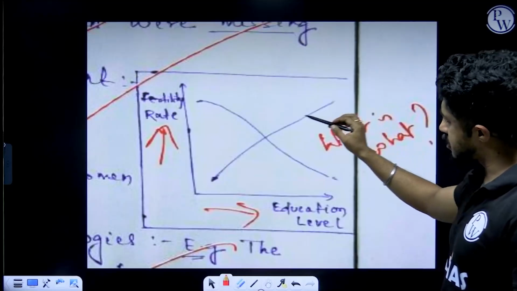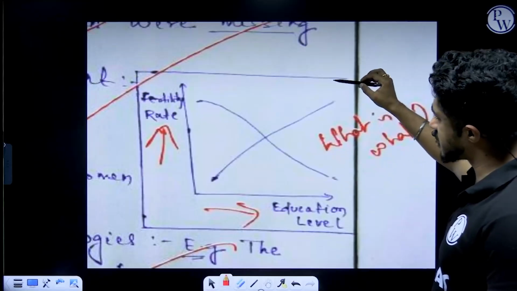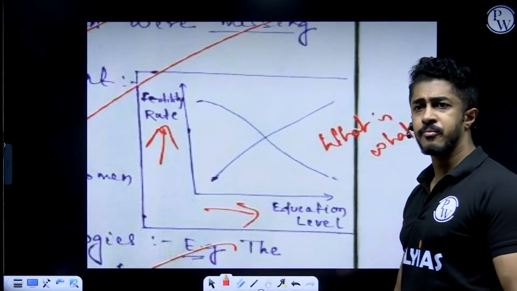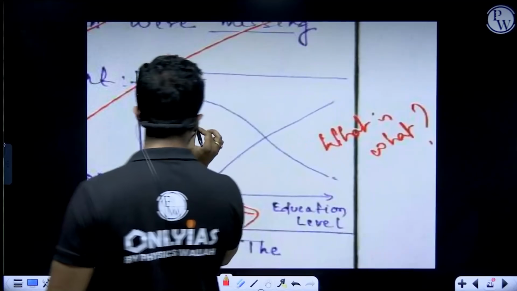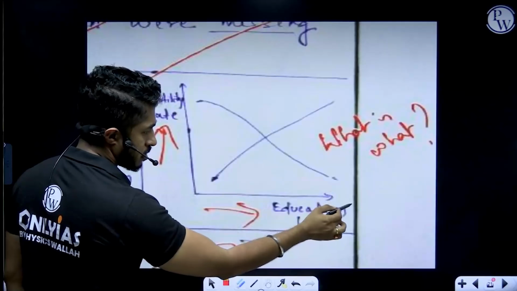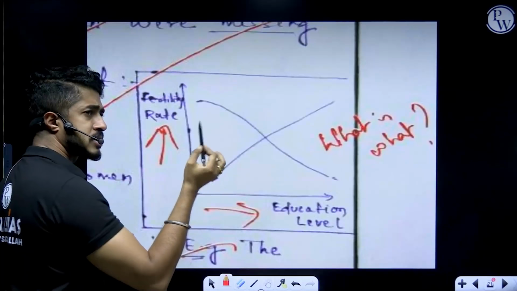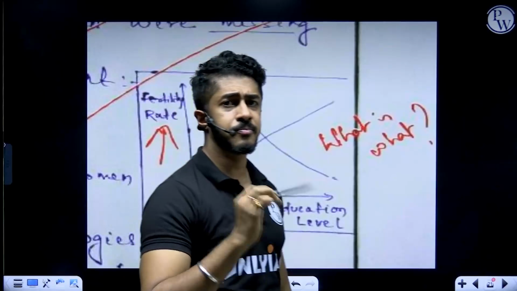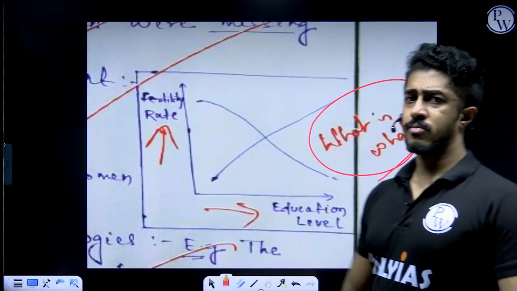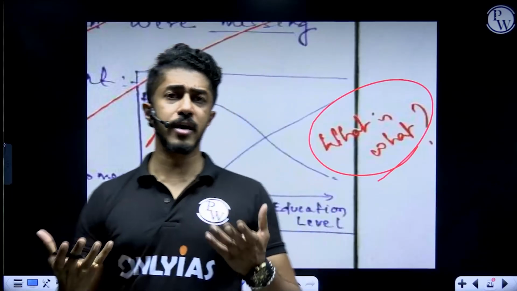And this, if education level is high, fertility is low, I don't know why this line was put, because this explains pretty much. Okay, fertility is very high, but education is low. Understood. Why this additional line here? Ulta line. कहना क्या चाहते हो? What are you trying to portray here?